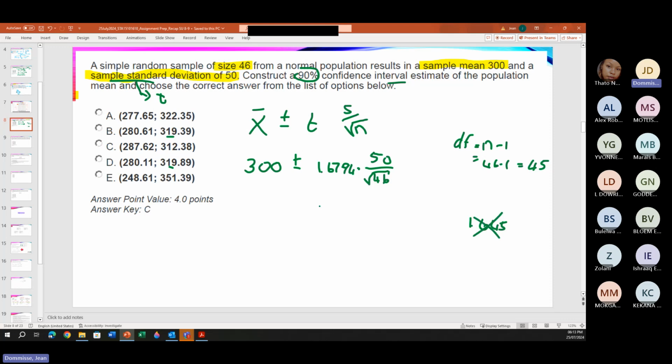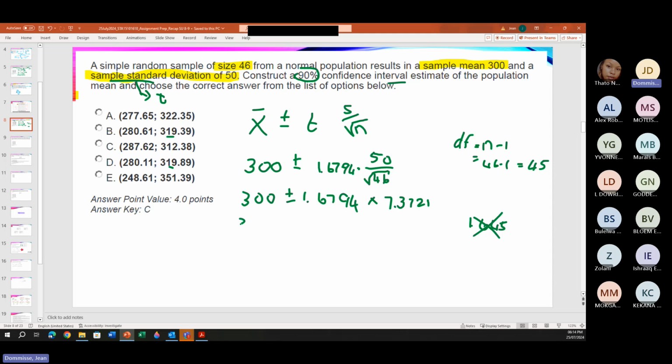Okay, so let's quickly do 50 divided by the square root of 46. Okay, so if I work that out, I get 7.3721, I hope that is right, times 1.6794.